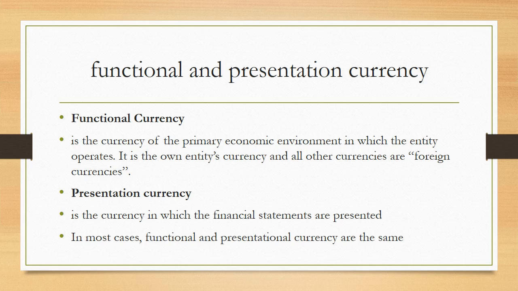So for instance, if you are operating in Tanzania, you are using T shillings. So the T shilling becomes the functional currency, and the other currencies will be regarded as foreign currencies. But again, a presentation currency is the currency used to prepare a financial statement. Normally, our functional currency and the presentation currency are the same.